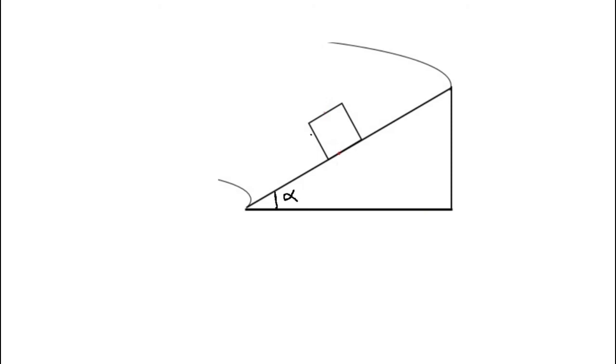For this, we need the free body diagram. We need to know how many forces are applied on the object. So the object is under mg. Then the normal force is perpendicular to the surface, and the friction force is on the surface going in that direction.